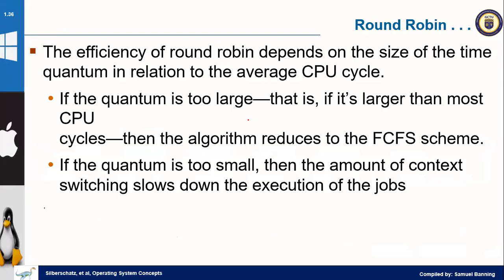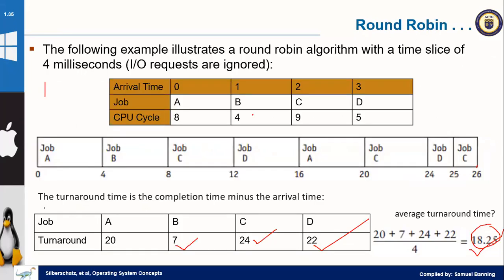Okay, if it is too large, then the algorithm reduces to the first come, first serve. If the time quantum is too large, then you are similarly executing the first come, first serve, because assuming the CPU cycle is 8, if A is given the CPU, it will complete.